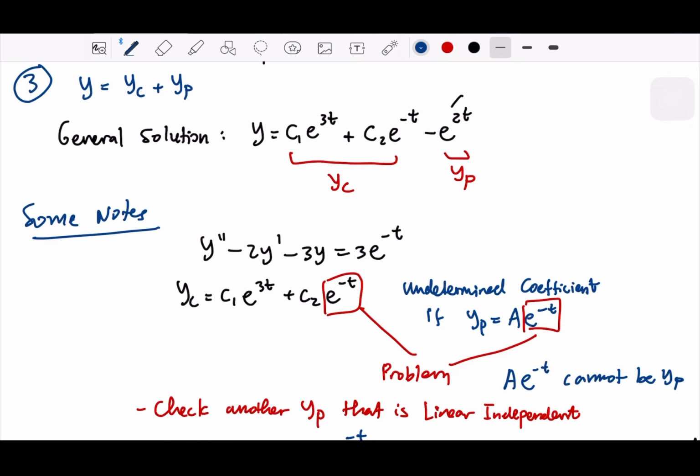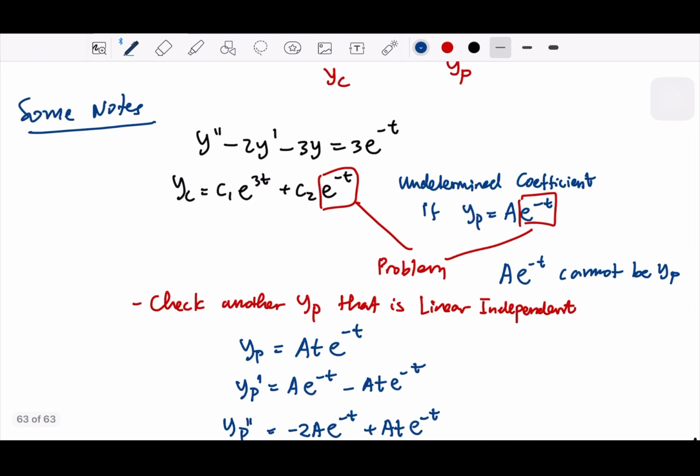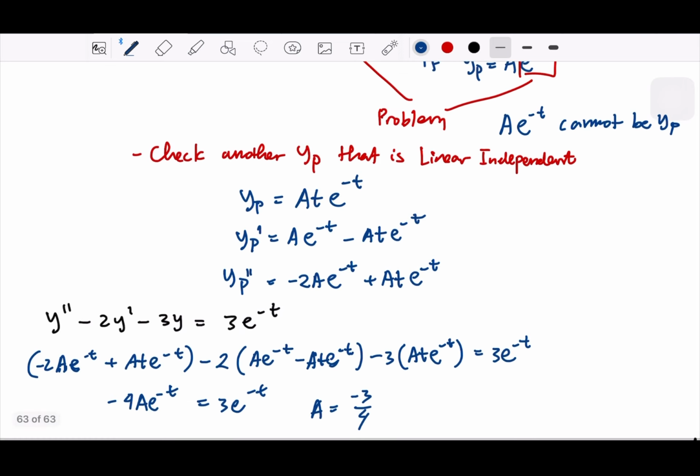So we need to take some other guess. The best choice, as usual, for similar forms, is to multiply by another variable, which here is t. It becomes linearly independent. Hope you still remember that. Then check the derivative, check the second derivative, and do the same thing.